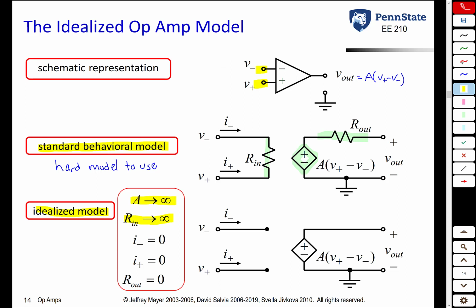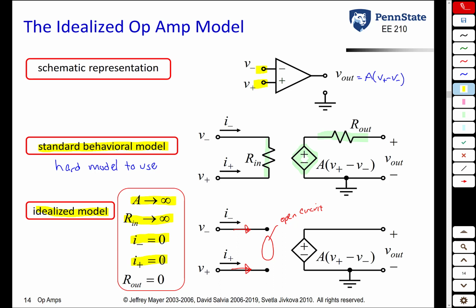By assuming it's infinity, basically we're saying there's now an open circuit between the inverting and non-inverting terminals. If there's an open circuit between those terminals, what does that mean about the current going into the inverting and the non-inverting terminals? The current going into the terminals both have to be zero if Rin is infinity. So that is the next assumption with the idealized model.